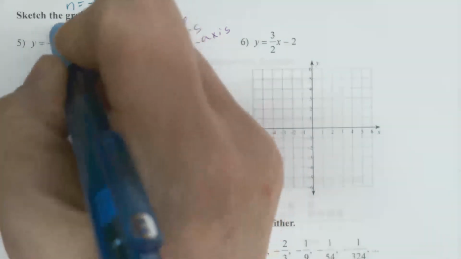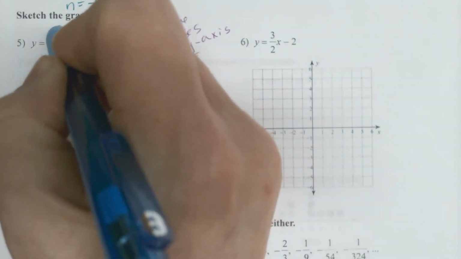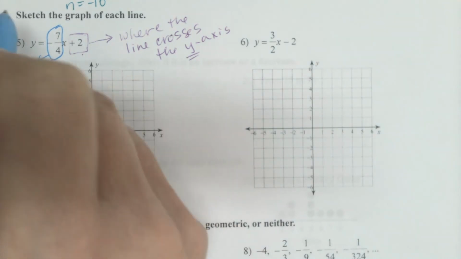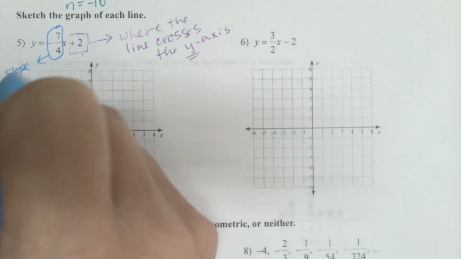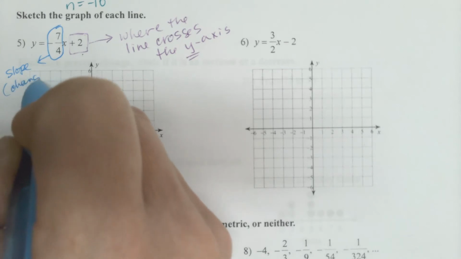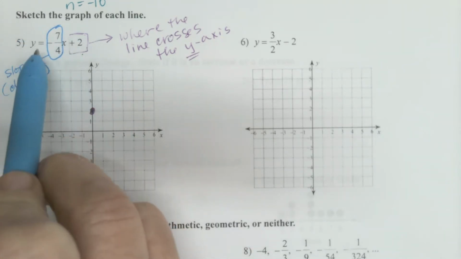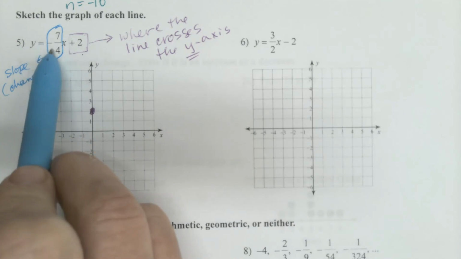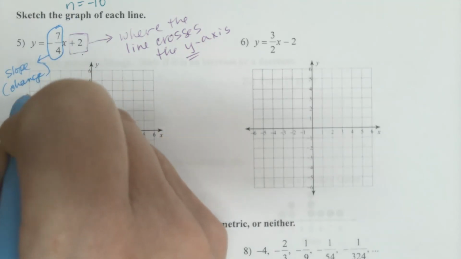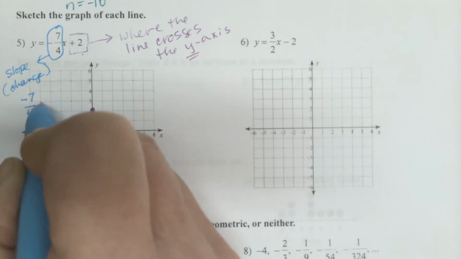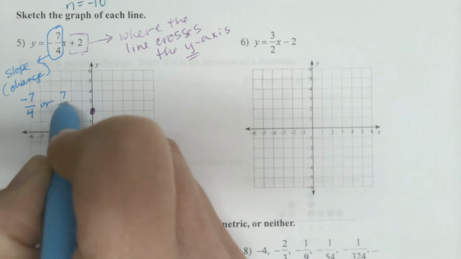And then this guy tells me the slope. I always call that the change. So this says from that point, because it's -7/4, I go down 7, right 4, or up 7, left 4.